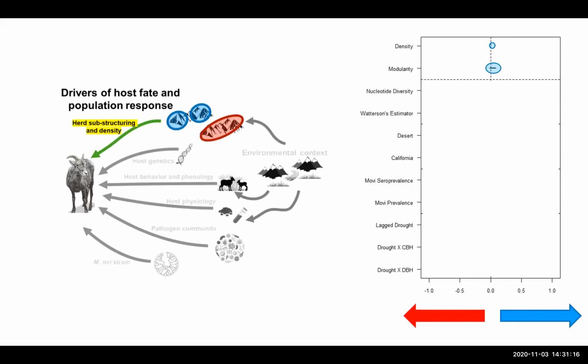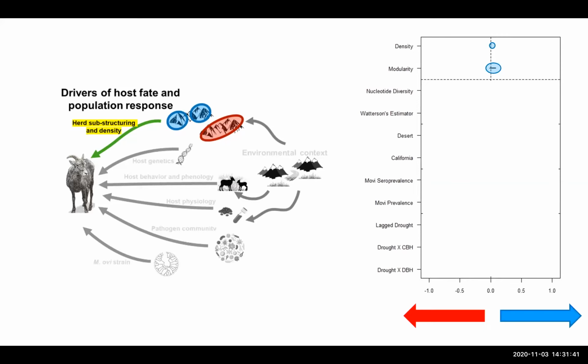Starting with our herd density and substructuring metrics, density does have a positive effect on lamb recruitment, but it's very small. Even when we scaled it up to the addition of 100 sheep into the population, it's still a very minute difference. So there is a positive effect, it's just not overly noticeable. Our modularity metric does go across 0, but only just.